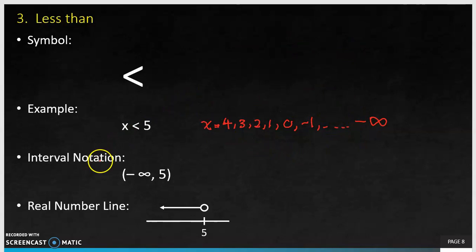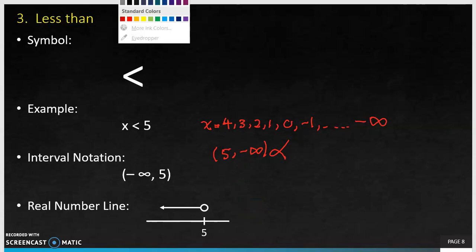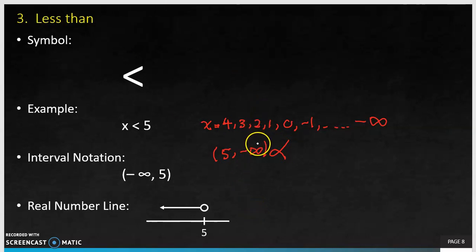So in interval form, our negative infinity, which is the smaller value, we have to put on the left hand side. If you write it the other way, this is wrong, because the smaller value must be put on the left hand side and the greater value must be put on the right hand side.